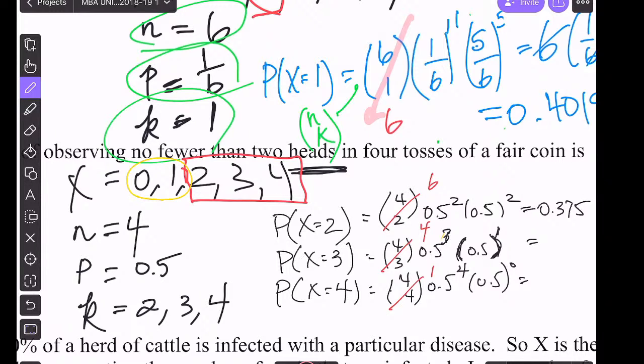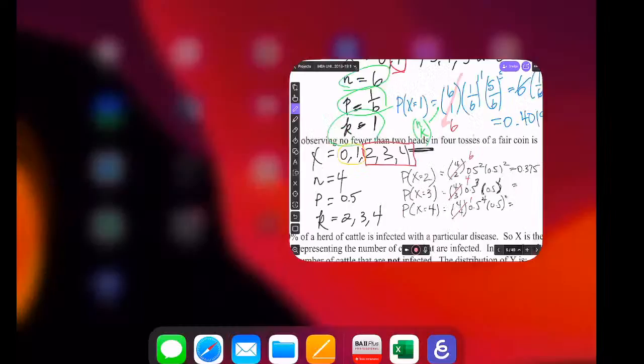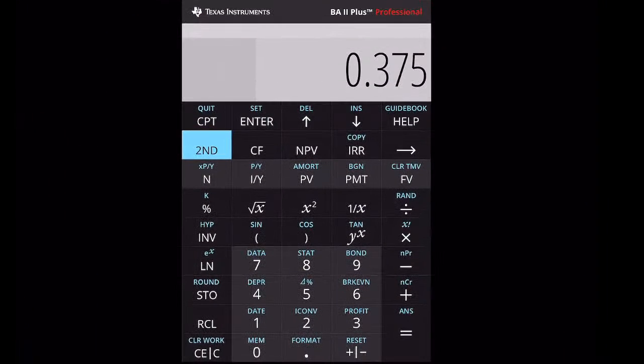And for the next one, it's going to be 4 times 0.5 to the power 3 times 0.5, 0.25.